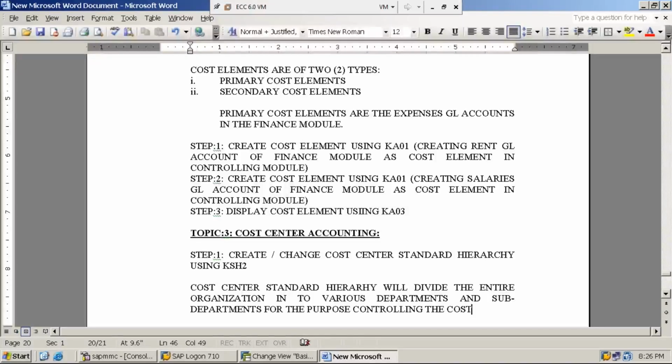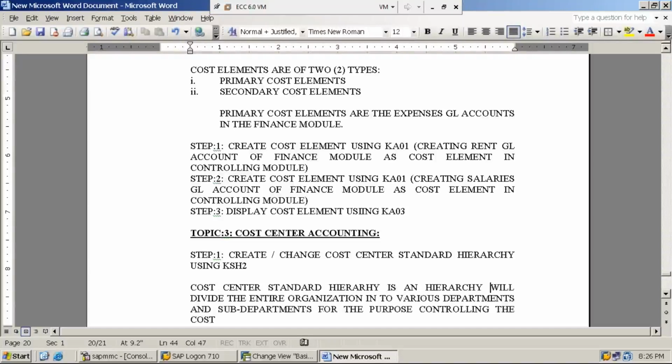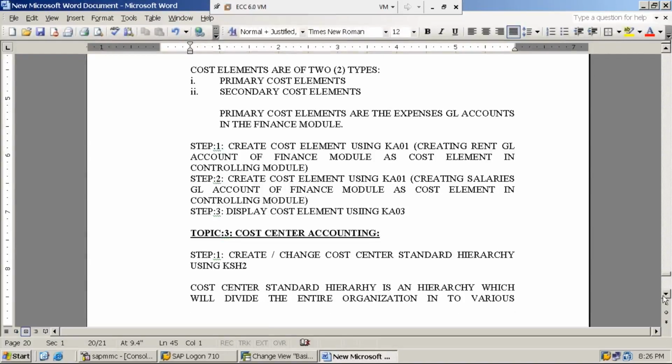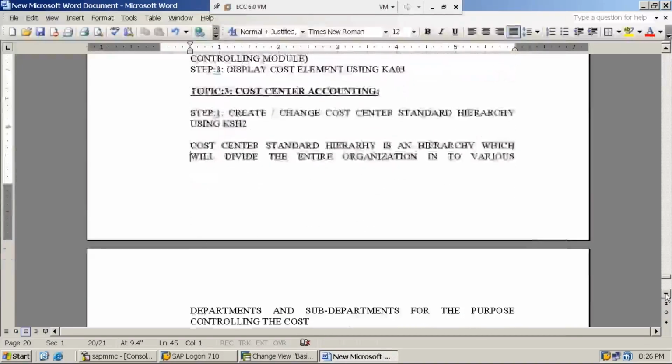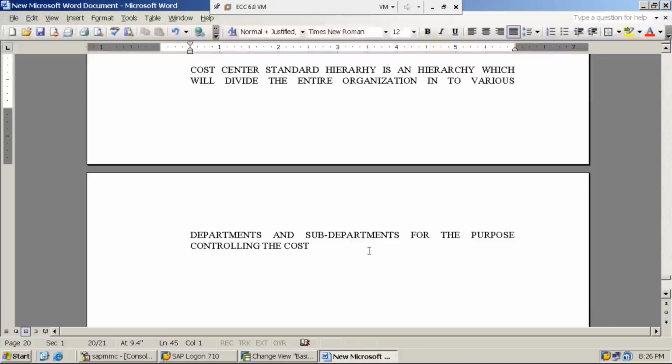The cost center standard hierarchy is a hierarchy which will divide the entire organization into various departments and sub-departments for the purpose of controlling the cost.